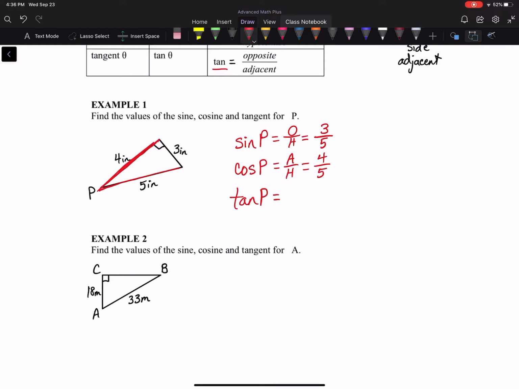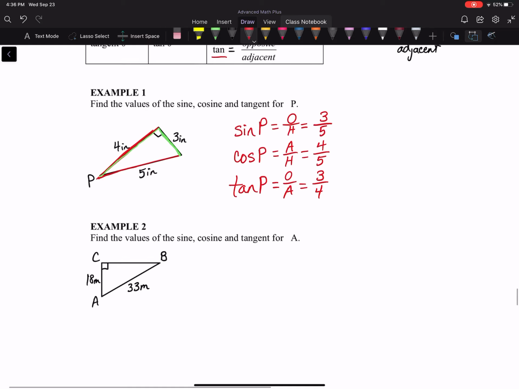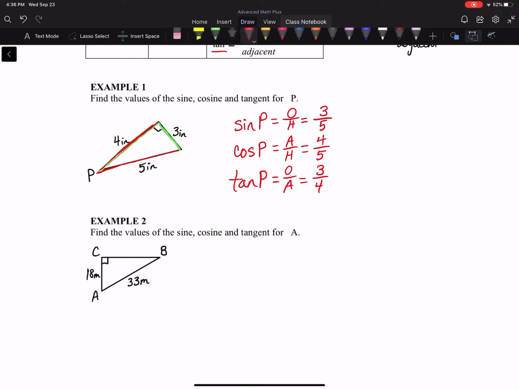For the tangent of P, we're going to do the side opposite P, which would be 3, opposite over adjacent. So 3 over the adjacent side, we've already said, is 4. 3/4, which you cannot reduce either. So that's it. That's how you find the sine, cosine, and tangent.